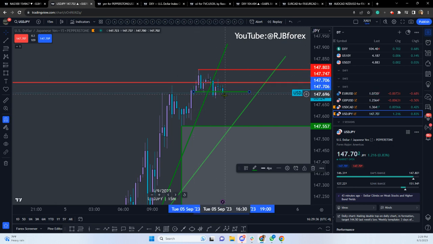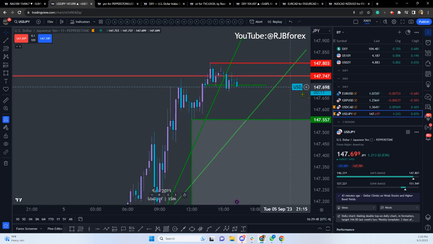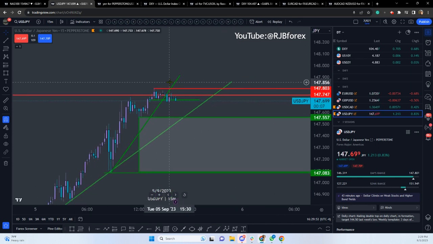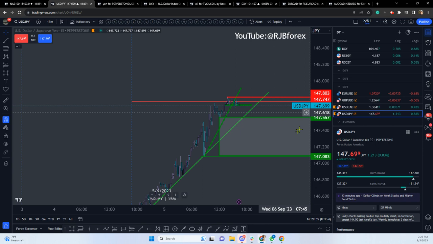So a breakdown in here would be encouraging. Not to say that it can't come back up, but it certainly would be encouraging. We've already seen a bit of an attempt here. Okay, so we're looking for shorts.